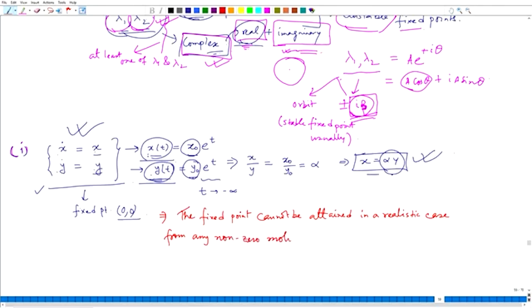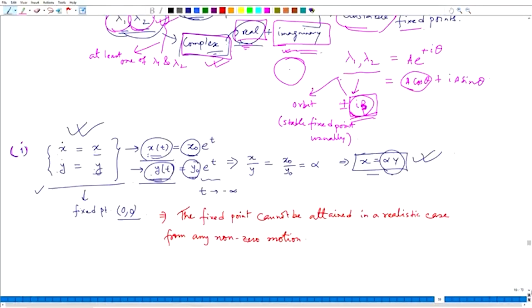That means the fixed point itself is a distinct point which is well separated from the other straight-line trajectories in the phase space. If somehow motion starts in such a system, you will never achieve the fixed point. The fixed point is an isolated point.